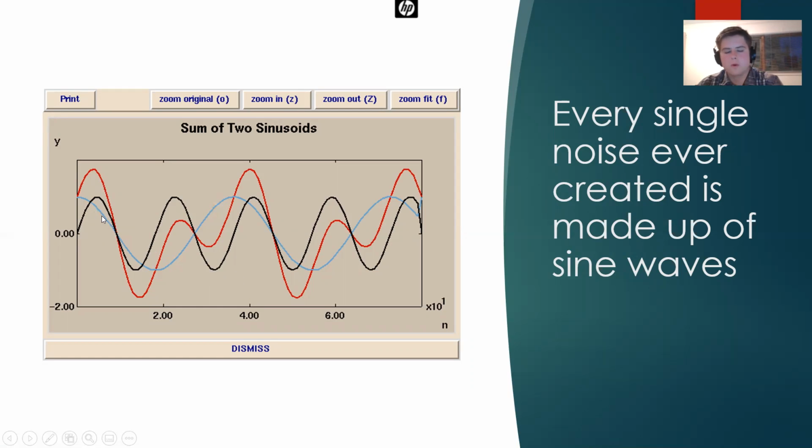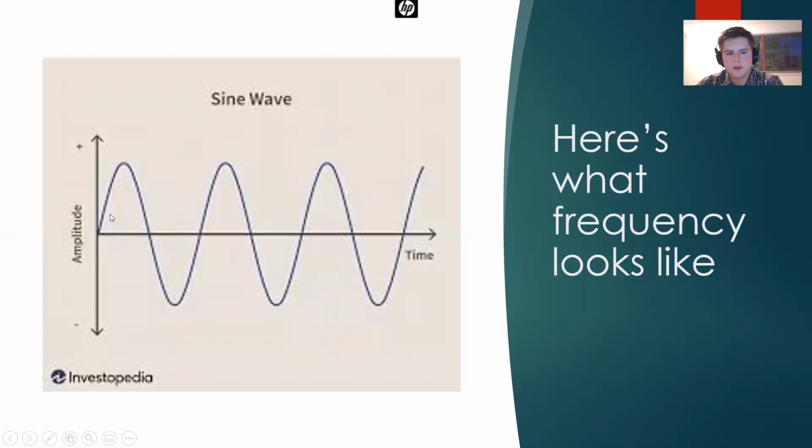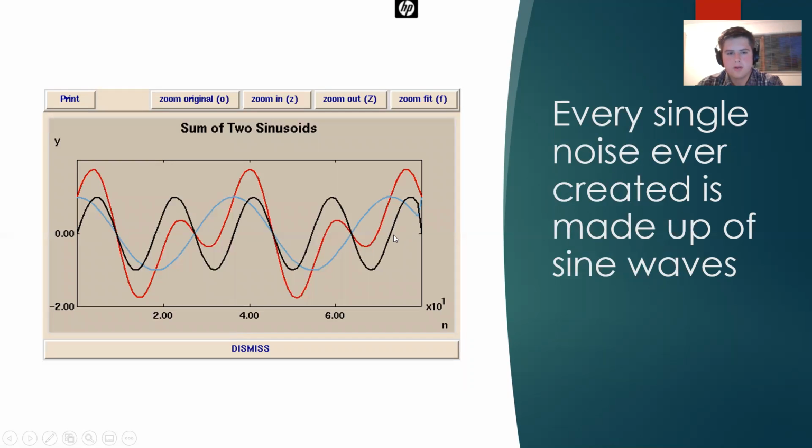Like with what I just said, if this is 3 hertz, and let's say this is 1 second right here, which of these two would be higher? The answer would be this black one, because you have more cycles in a given time than the blue one does. So this would be a higher frequency.